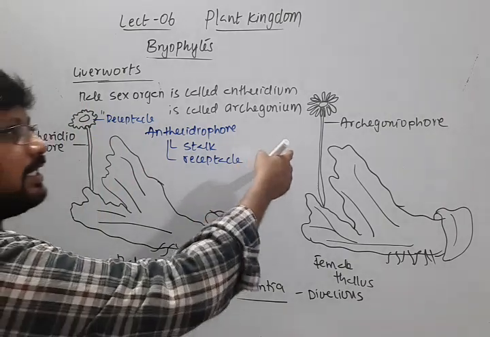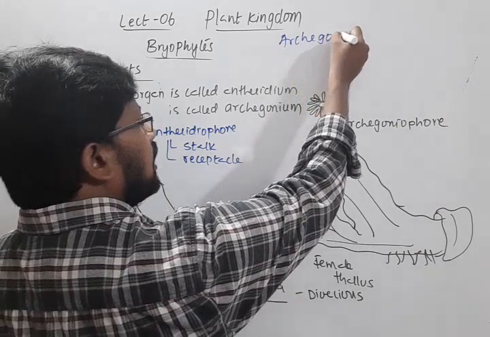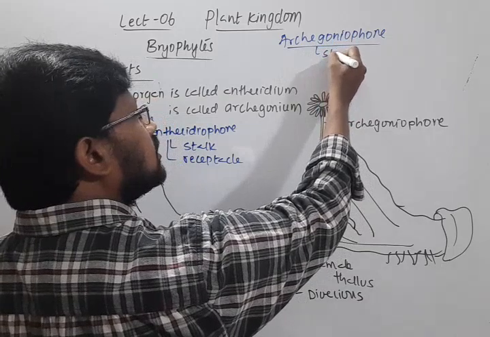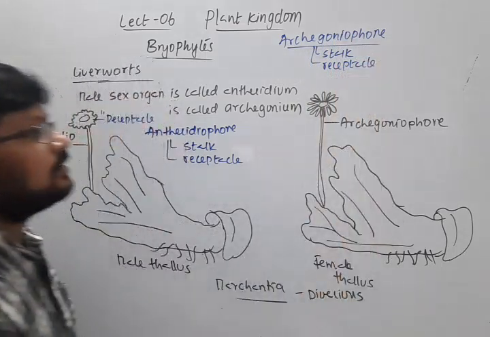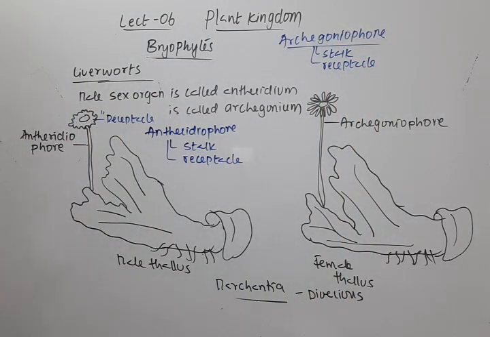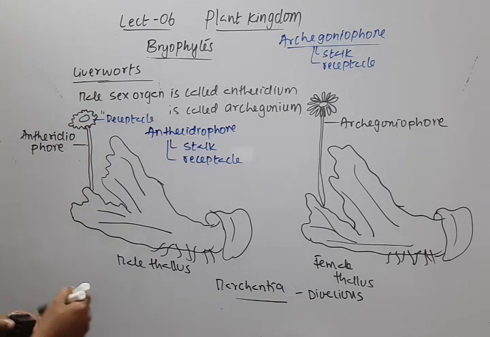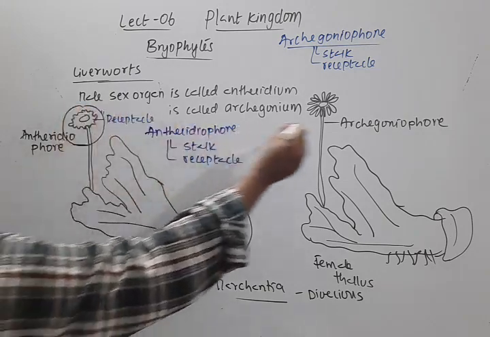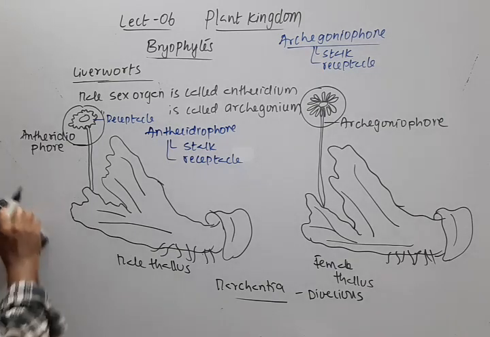The same holds for the archegoniophore: it will also have a stalk and a receptacle. Let's see how the stalk and receptacle look. I'm going to enlarge only this portion.